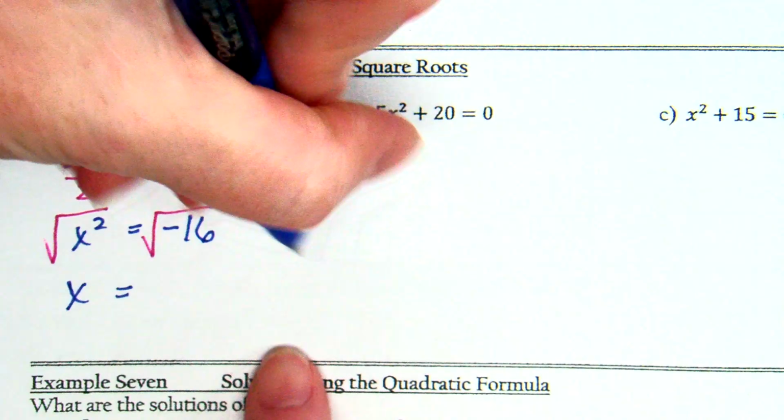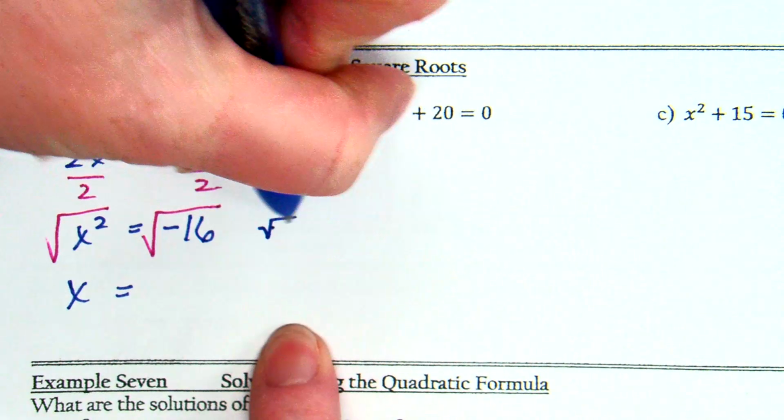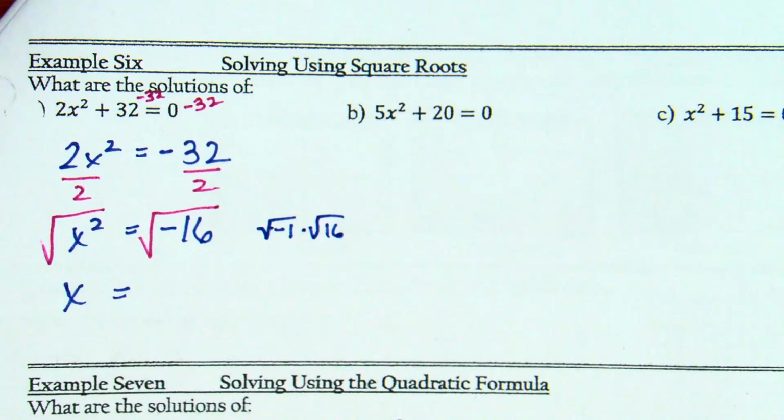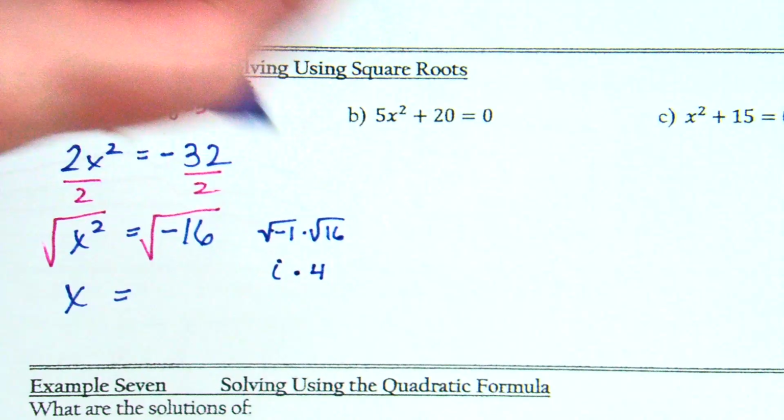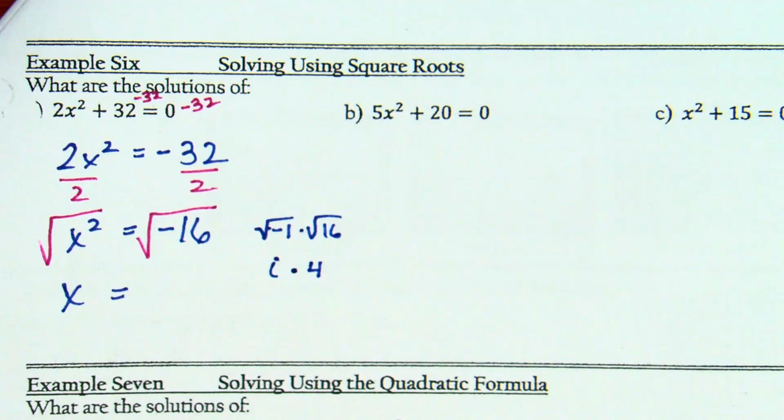Okay, so think of it as the square root of negative 1 times the square root of 16. What's the square root of negative 1? i. What's the square root of 16? 4. So what's the square root of negative 16 in an equation setting? 4i and negative 4i.